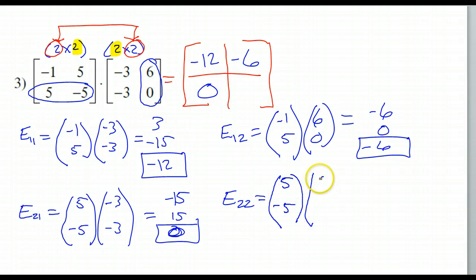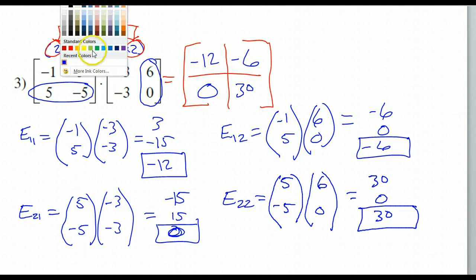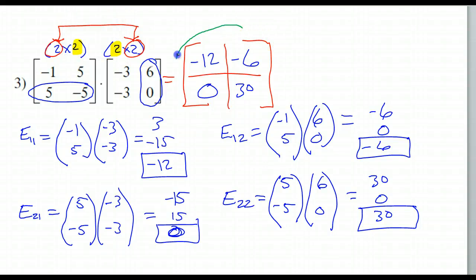Second column, 6, 0. So that's going to be 30 and 0, which is 30. Alrighty then, that's it. That's the answer to number 3. Put a bow on it.